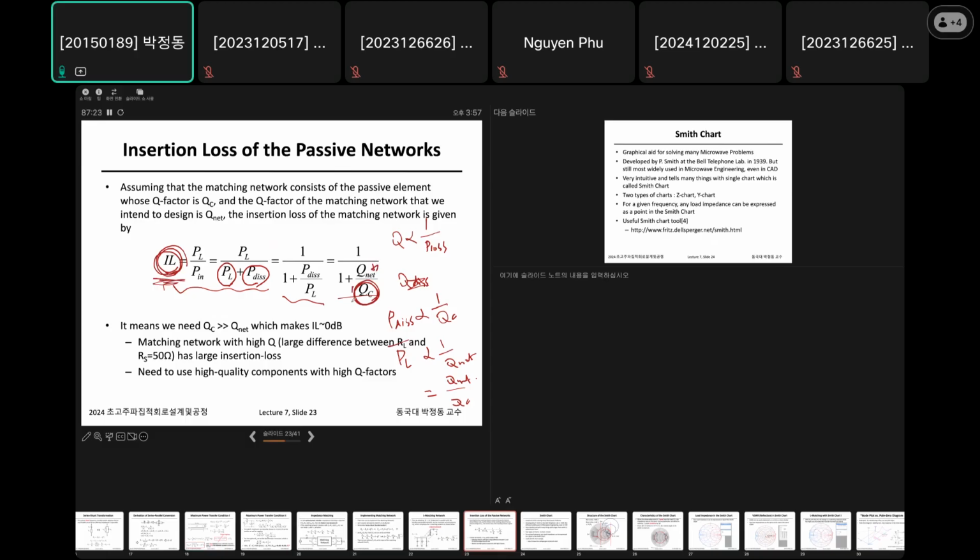Just make this large, then this becomes small. Right? So if component quality factor Q is much larger than network quality factor, then this becomes 0. So we have a 0 insertion loss. Okay. So that's why we need to use good components with a high quality factor, or just use a small Q network.